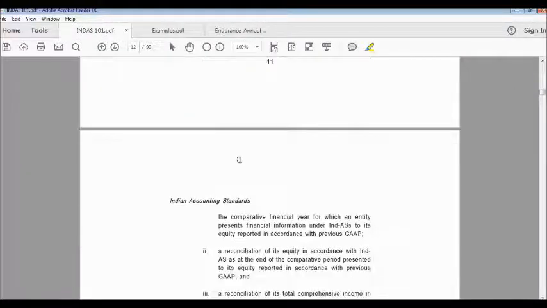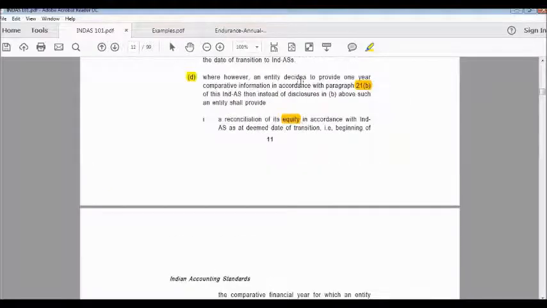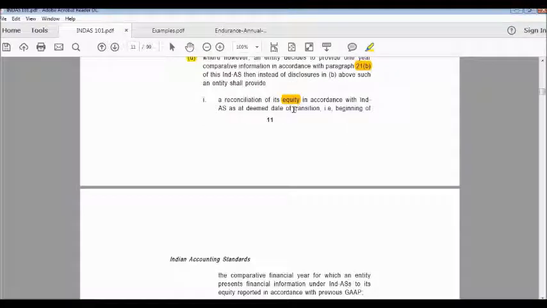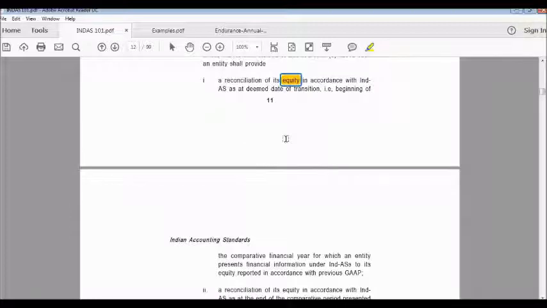This is the legal language: a reconciliation of its equity. It says equity, but companies make the disclosure about the balance sheet, because you cannot simply reconcile equity unless you reconcile the balance sheet. So in practice, companies apply reconciliation to the balance sheet, then profit and loss, then cash flow, and then equity.